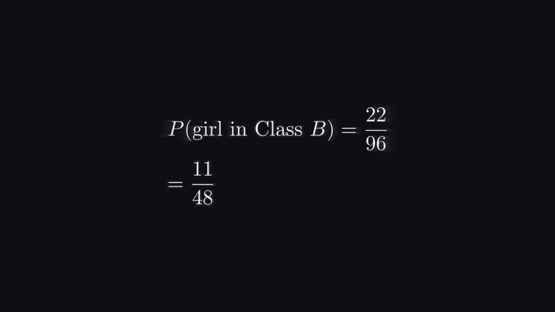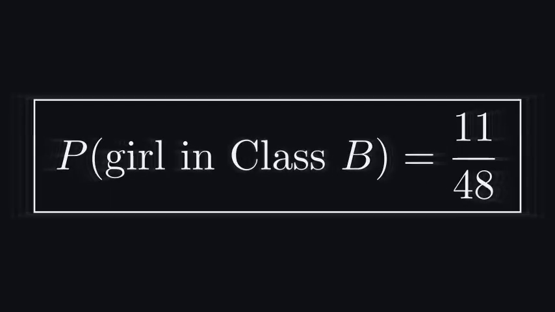So this simplifies to 11 over 48. Therefore, the probability that the prefect will be a girl in Class B is 11 over 48.